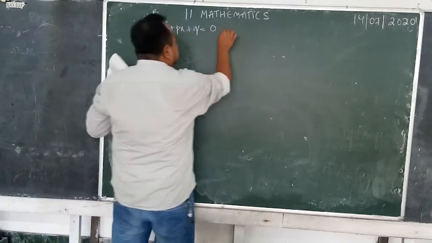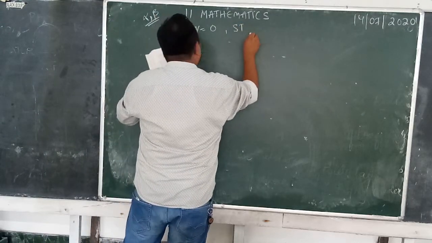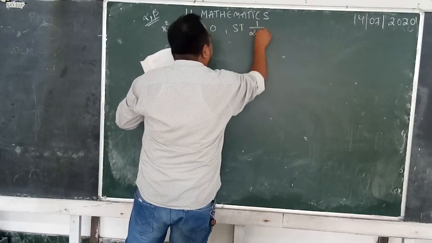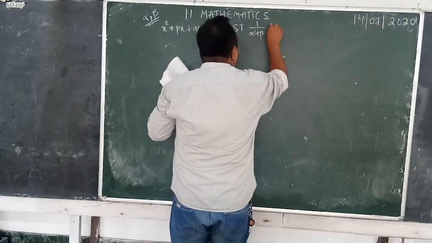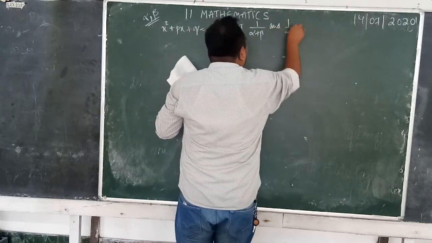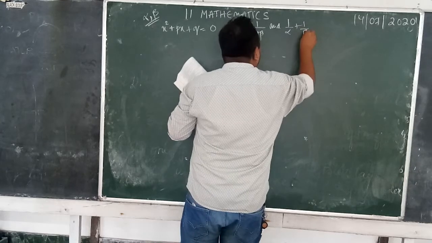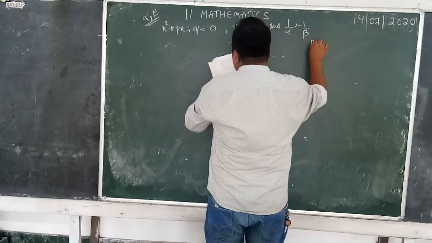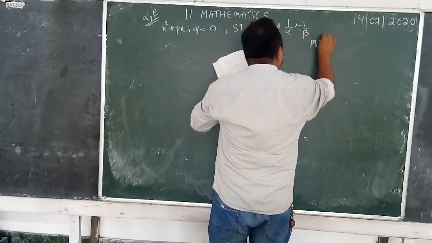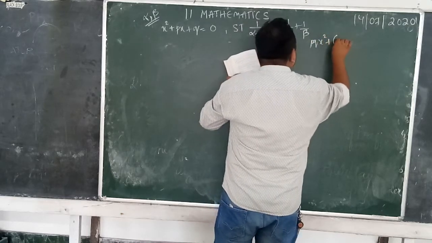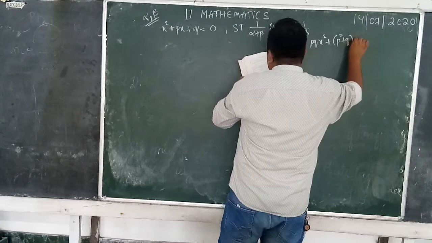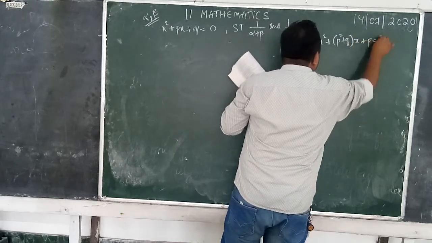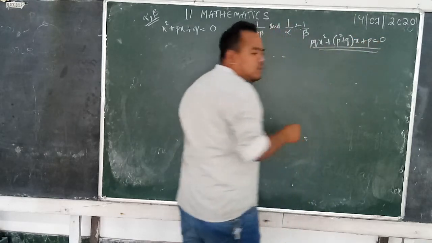You have to show that 1 divided by alpha plus beta and 1 by alpha plus 1 by beta are the roots of the equation pq x square plus (p square plus q) into x plus p equal to 0. So this is what we have to prove.